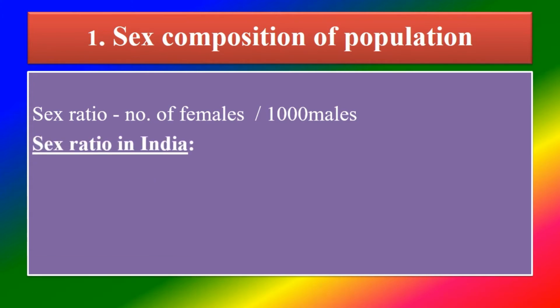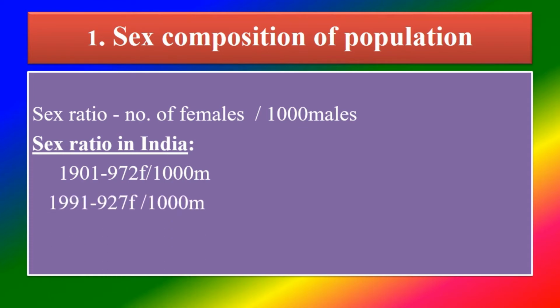Sex ratio in India: in 1901, 972 females per 1000 males. In 1991, 927 females per 1000 males. According to 2001 census, 933 females per 1000 males.